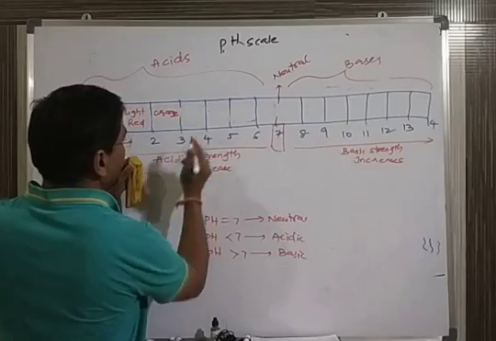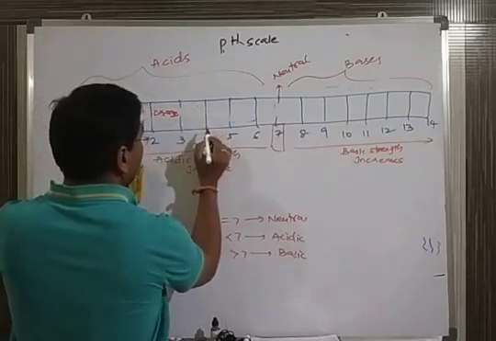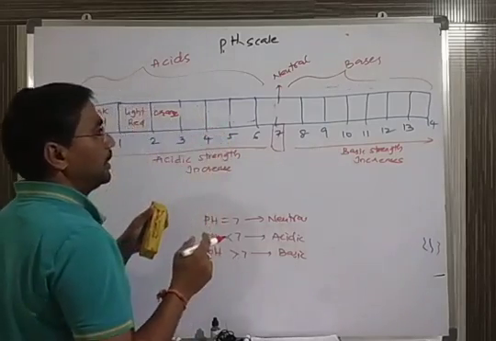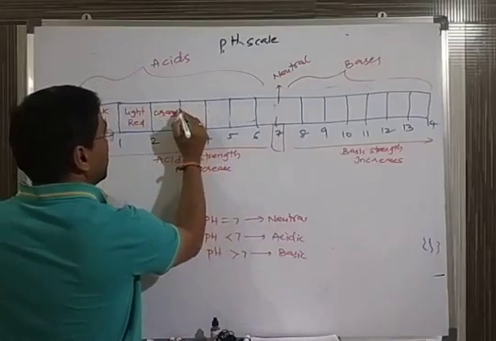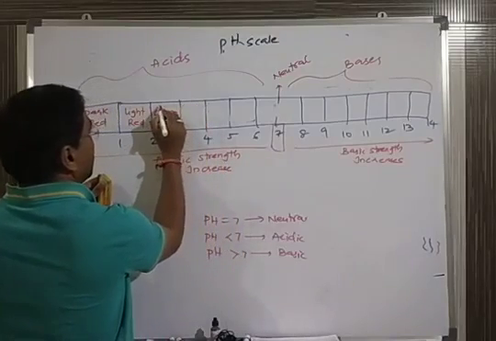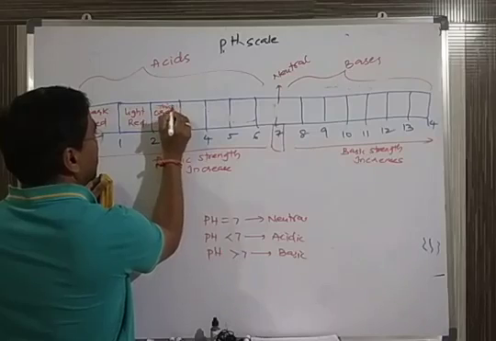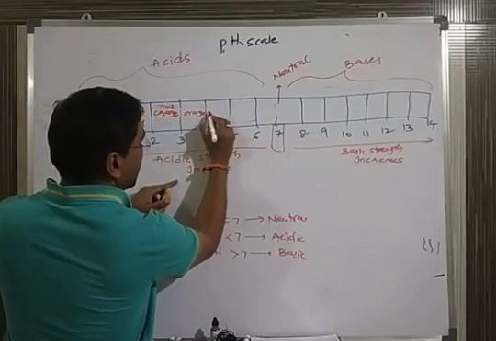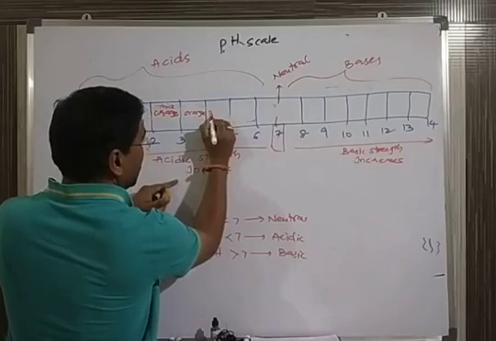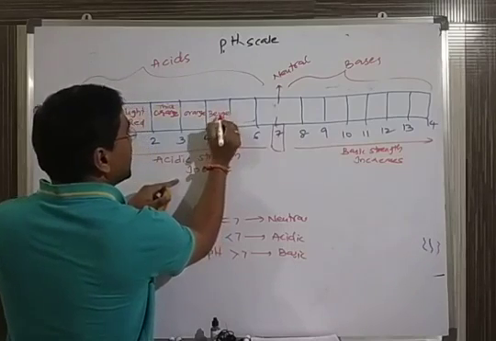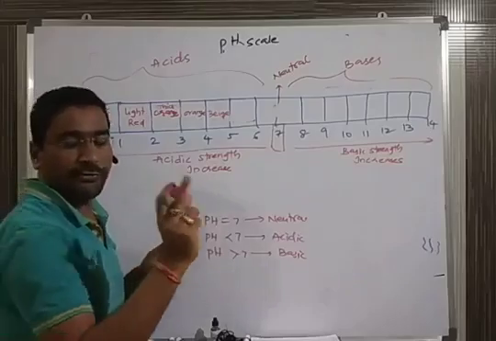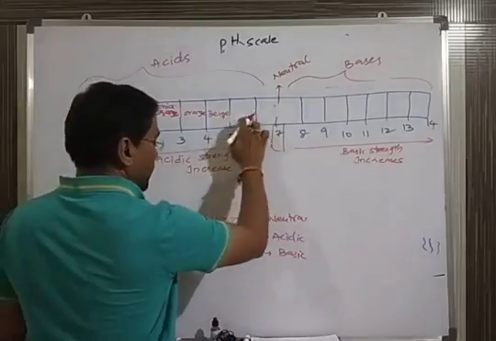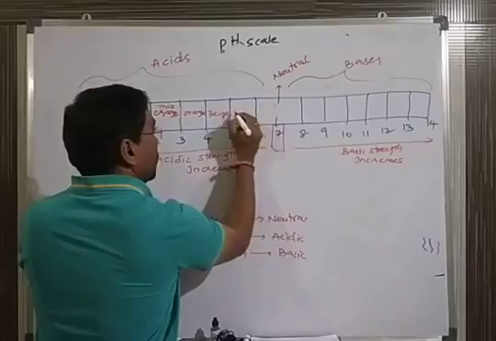Next one, we can have thick orange. Next one is orange. The next one we can have is the BG color. I said, what is this BG color? It is a mix of orange and yellow.